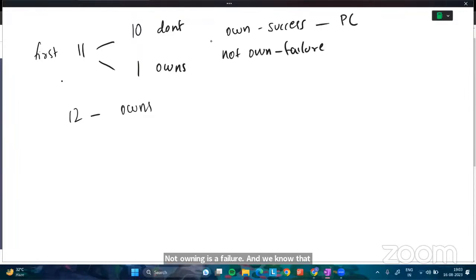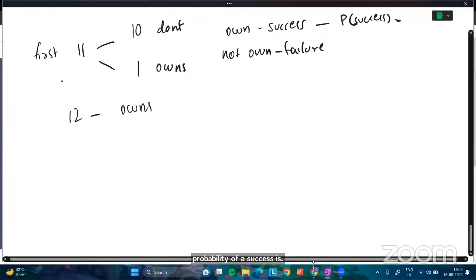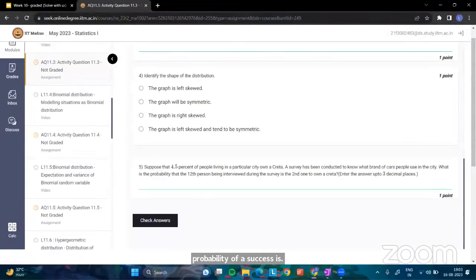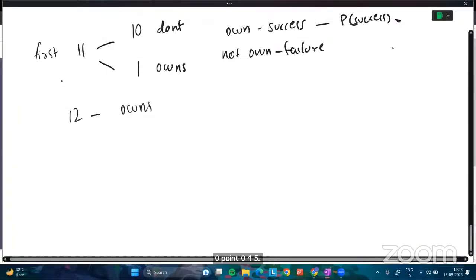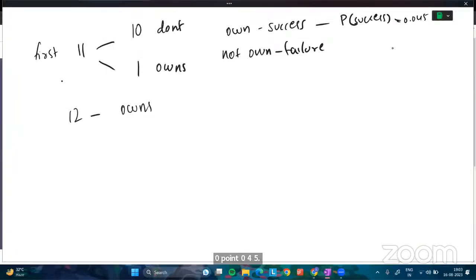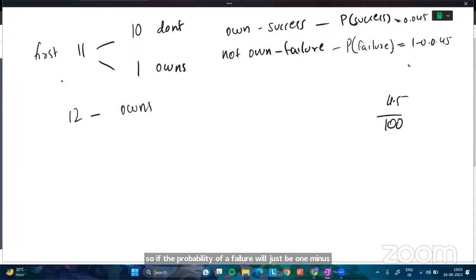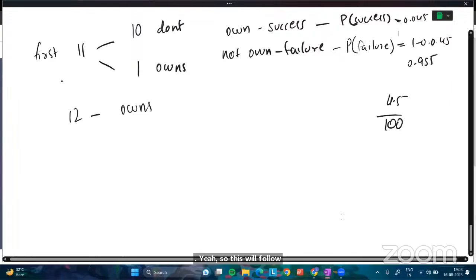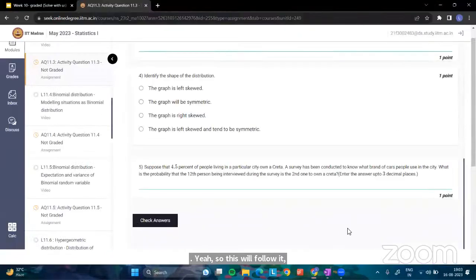And we know that the probability of a success is 0.045, yeah, 4.5%, because it's 4.5 by 100. And so the probability of a failure will just be 1 minus 0.045, that is 0.955. Yeah, so this will follow a binomial distribution, so you can just use that here.